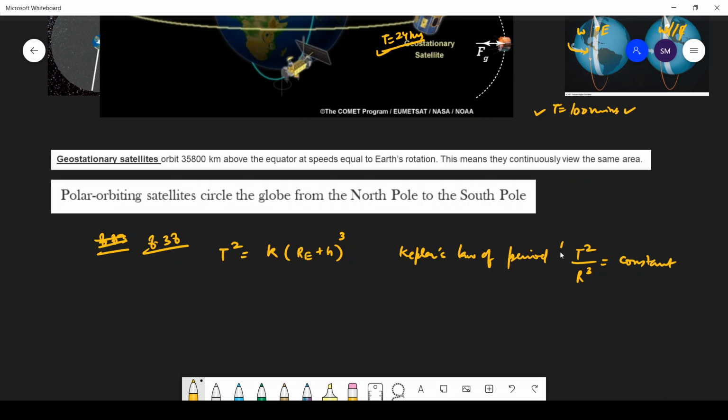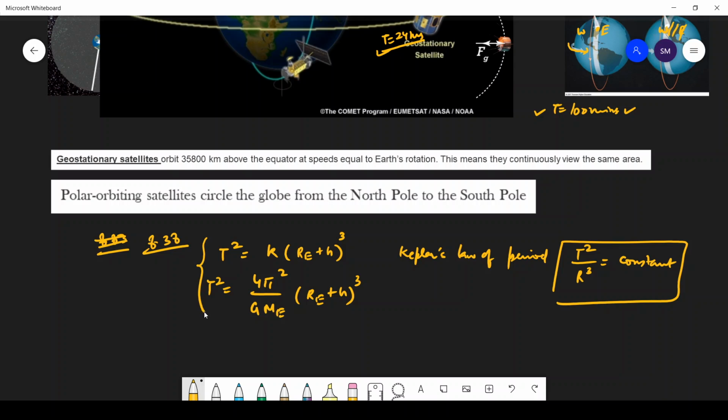That is what Kepler's law of periods is. Now what is this value of k here? So k is equal to 4 pi square upon GMe into (Re + h) whole cube, okay? So that's equation 8.38.